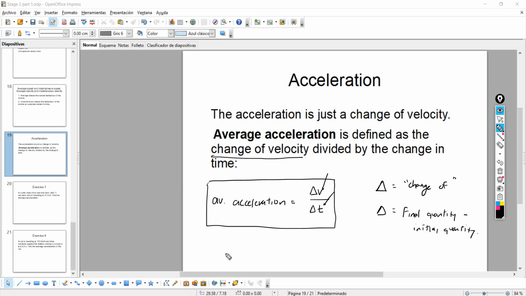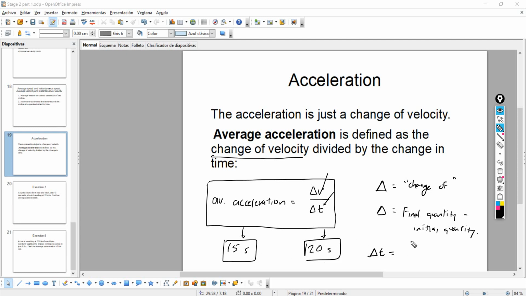Okay? For example, guys, let's suppose that right now I have a clock on my hands, and right now it marks 15 seconds. Okay, and then some time is gonna pass, and right now it marks 20 seconds. So a moment ago my clock marked 15 seconds, and later it marked 20 seconds. If I asked you what was the change of time between this and this instant, you know that the answer is 5 seconds, right?